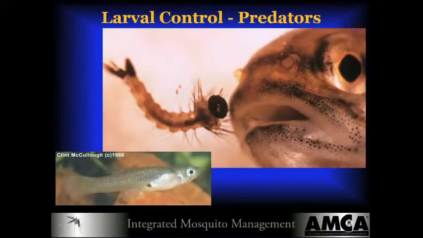Not all situations with larvae can be met successfully with these particular types of fish, though, because they're voracious predators, and you've really got to be careful about where you put them. Once they get through eating your mosquito larvae, they'll start eating fish fry and things, and you can really ruin a game fish pond if you stock too much. So you've got to be very, very careful. But they're efficient predators, and we should encourage them to remain so.